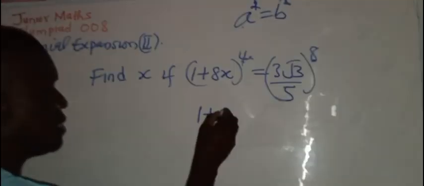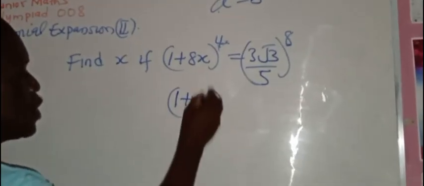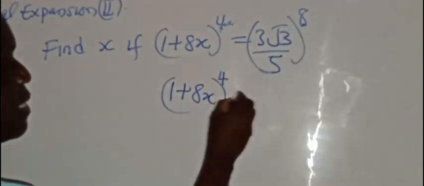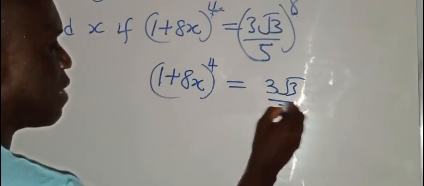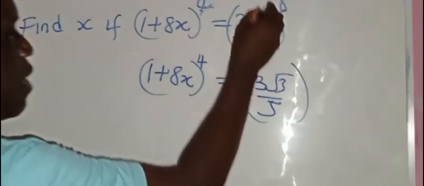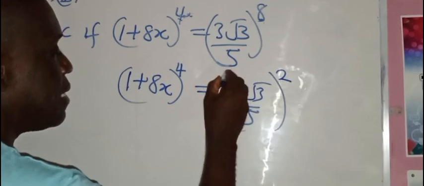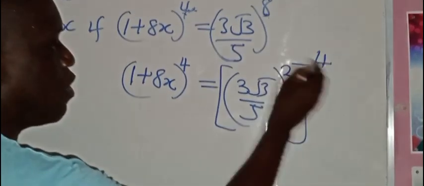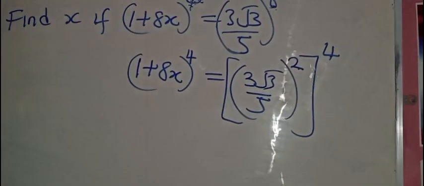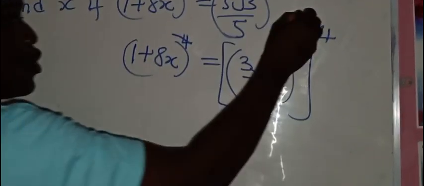(1 plus 8x) raised to the power 4 equals 3 root 3 over 5. Now, 8 is 2 times 4, so we have 2 here, then after it the exponent raised to the power 4, because 2 times 4 is 8. You need to do that so that exponent cancels exponent.